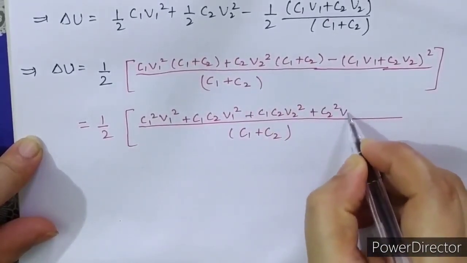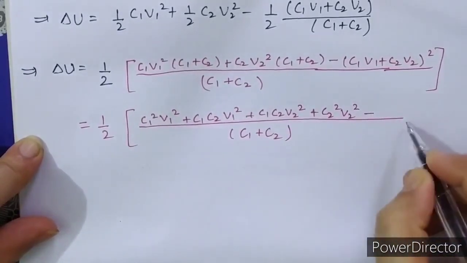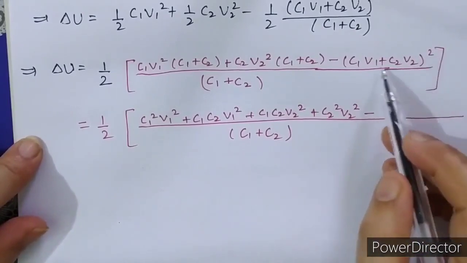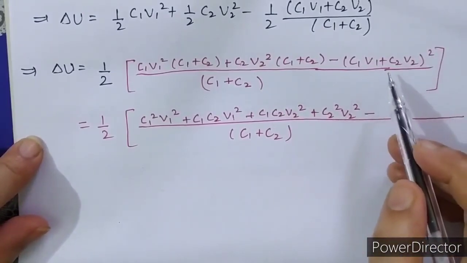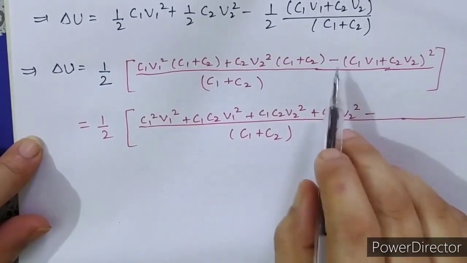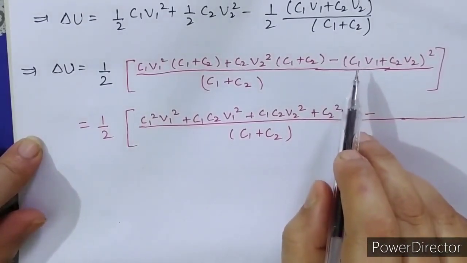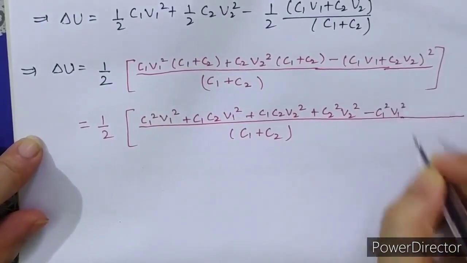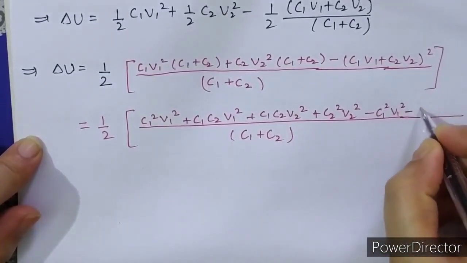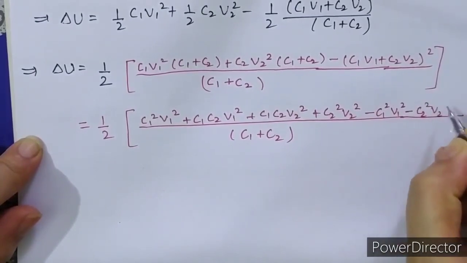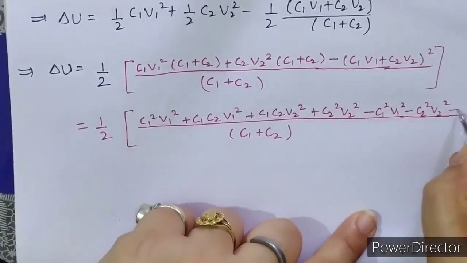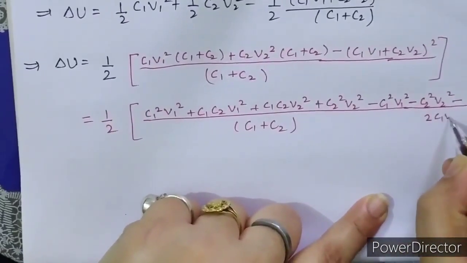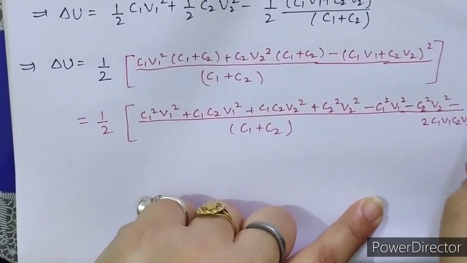C2 square V2 square. For A plus B whole square, when I am solving this identity, I am also multiplying with the minus sign. So minus C1 square V1 square, minus C2 square V2 square, and minus 2 C1 V1 C2 V2.